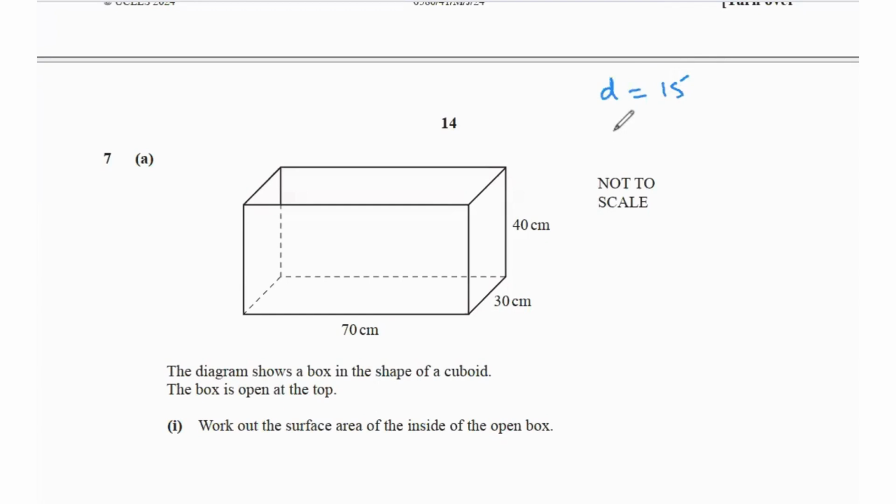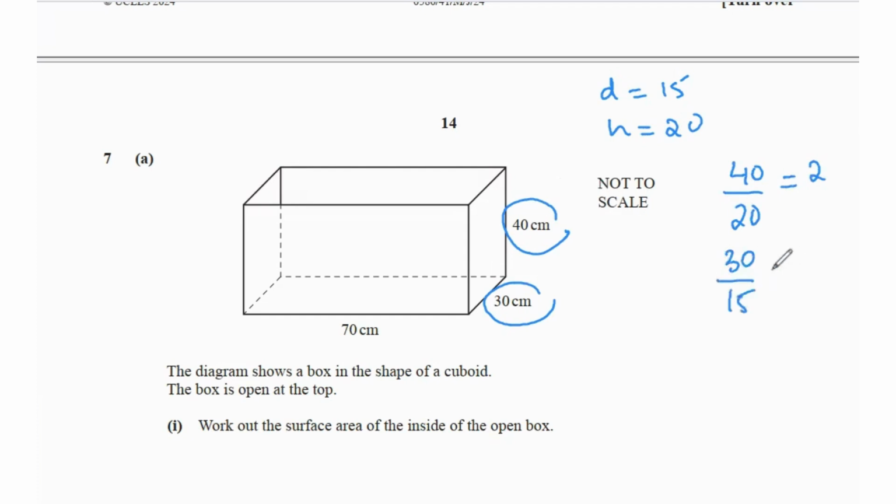So the horizontal length is 30 and the vertical length is 40. We know 40 and 20 are multiples of 2. So 40 divided by 20 is 2, and 30 divided by 15 is also 2.